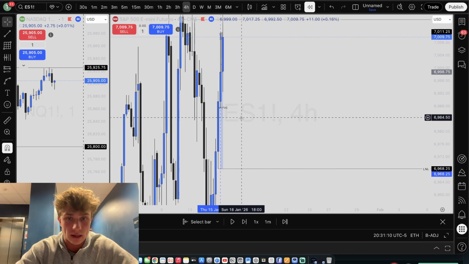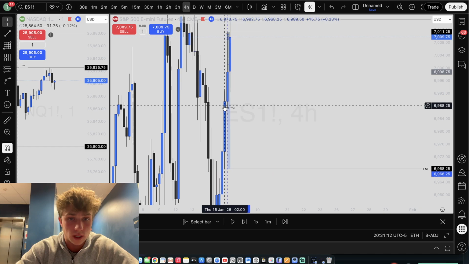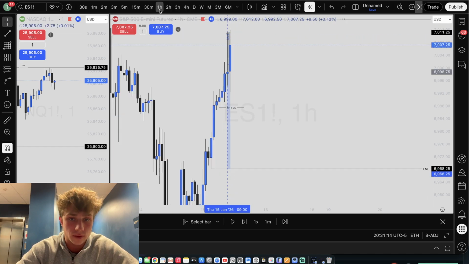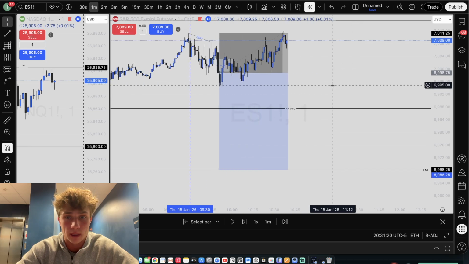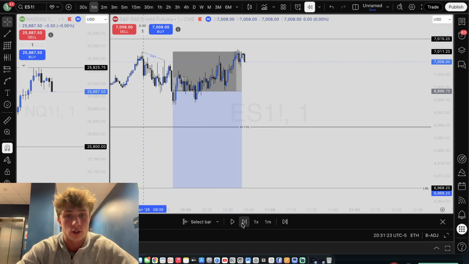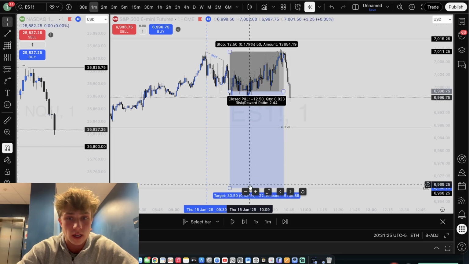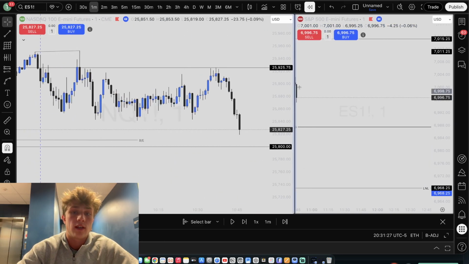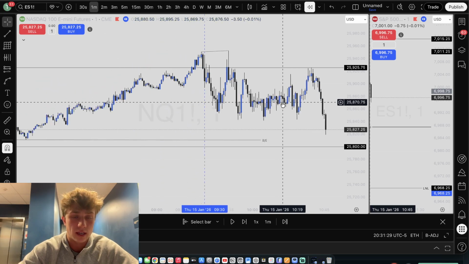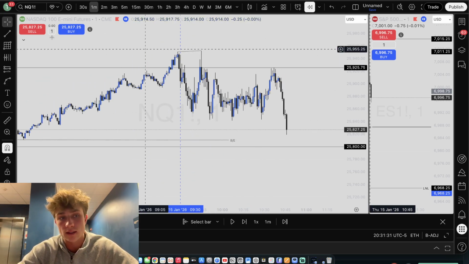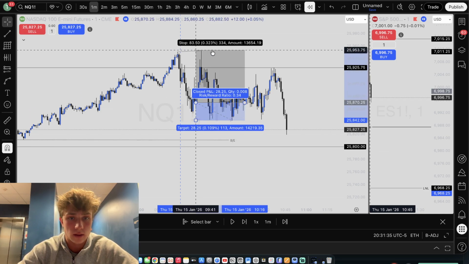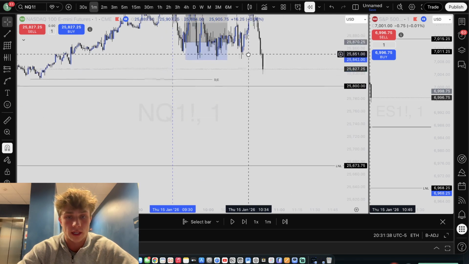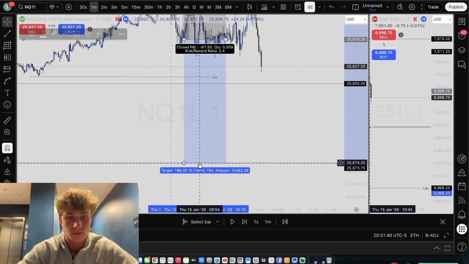Just like NASDAQ, my break even was this 4-hour unfilled fair value gap, along with my first TP being the unfilled hourly fair value gap. And as you can see, unfortunately, it did not play out in our favor. However, if the NASDAQ had not stopped us out, as we can see, this was our original trade that got us stopped out.